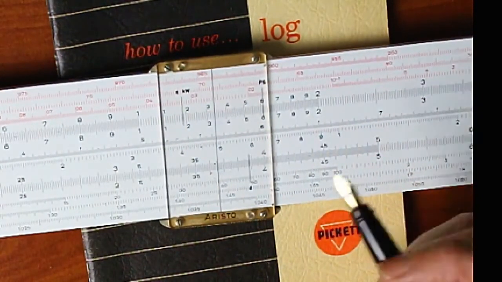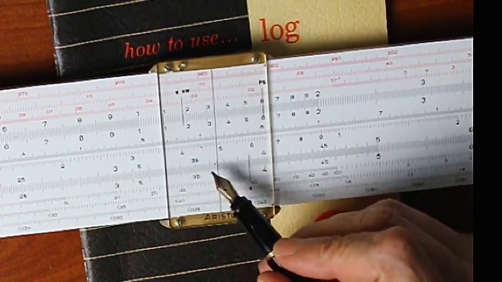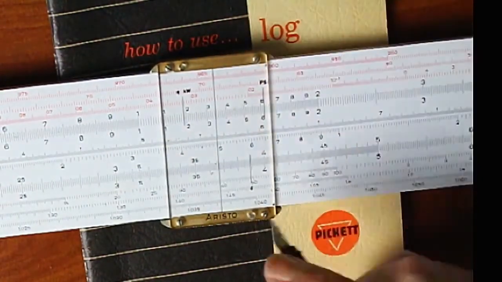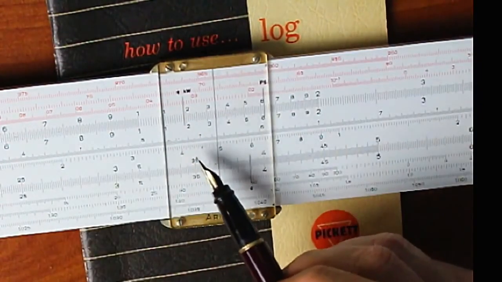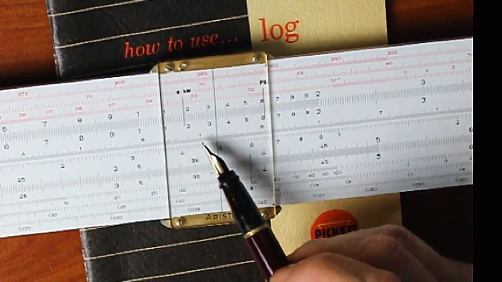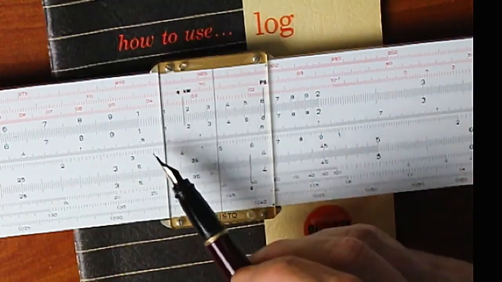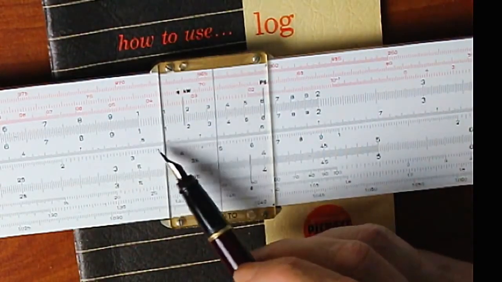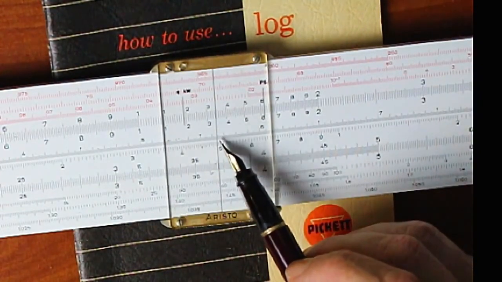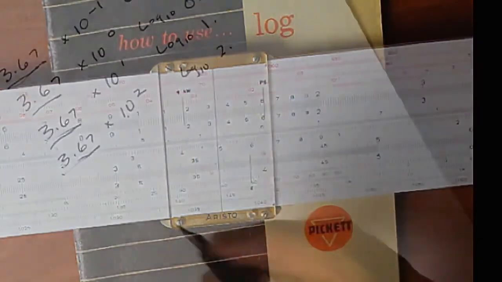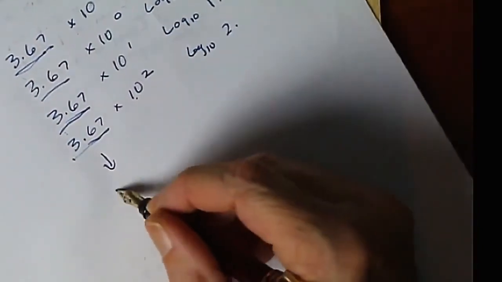We're looking for 3.67, so there's 3.5, 3.6, and I'm going to call that about 3.7 right there. So all we have to do then is read up here to the log scale, which is right here, and we're going to get 5, 5.5, 5.64.